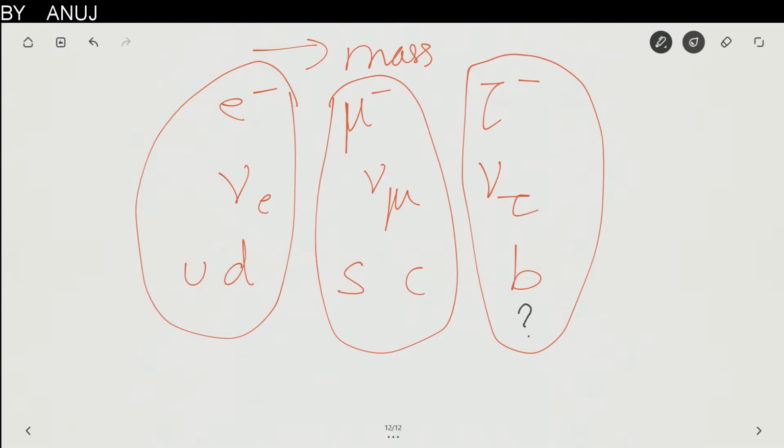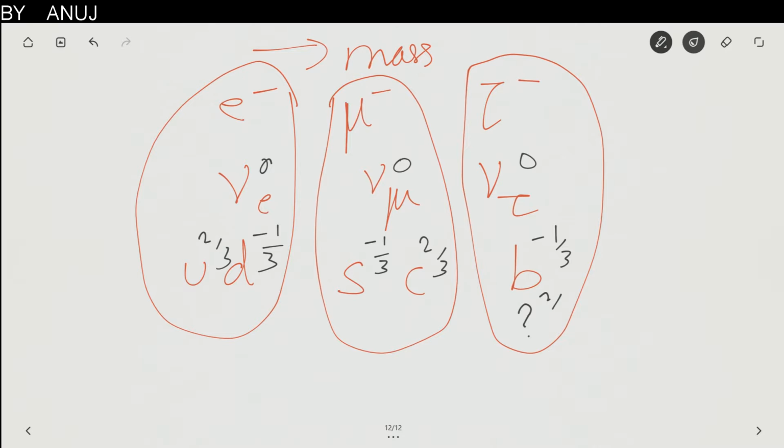They included the charges, and guess what, they found that every neutrino had no charge, and the up and down quarks have 2 by 3 and minus 1 by 3 charge. Similarly, the strange and the charm have respective charges, and the bottom has minus 1 by 3. So our unknown particle should have a charge of 2 by 3.